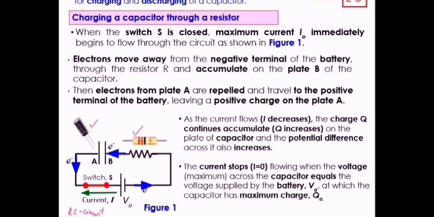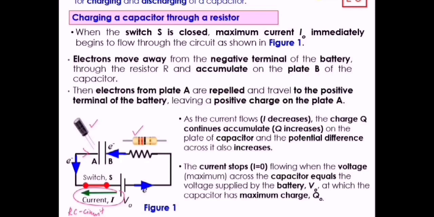Like I've said earlier, when we have a circuit like this, the current will always flow out from the positive terminal of the battery. The current flows this way, and the charge, or the electrons, will always move in the opposite direction, which is the blue arrow.